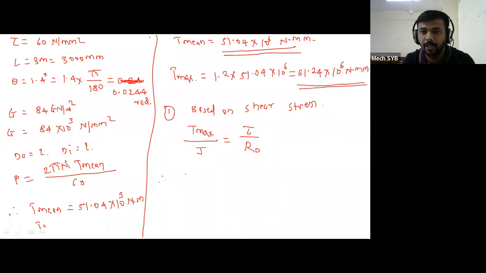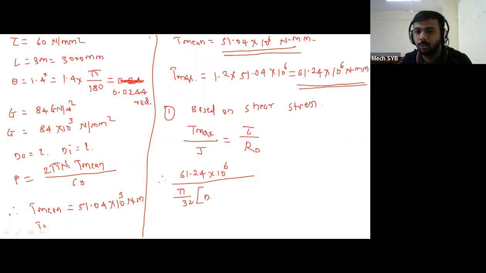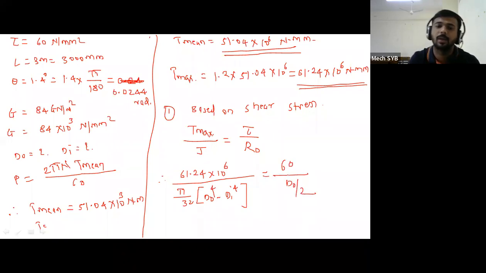Now put the value of T max: 61.24 into 10 raised to 6 divided by pi by 32 (D0 raised to 4 minus Di raised to 4) is equal to tau, 60, divided by D0 divided by 2. This is the next step.